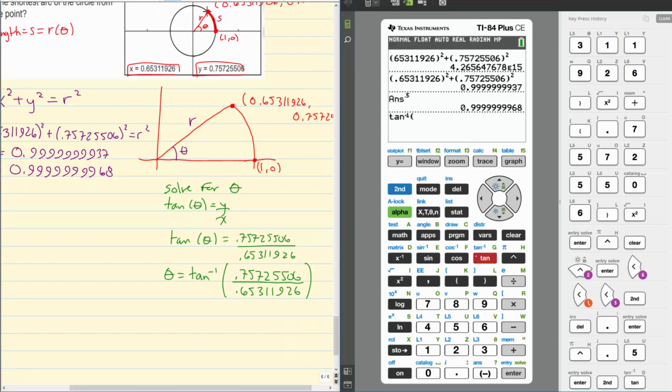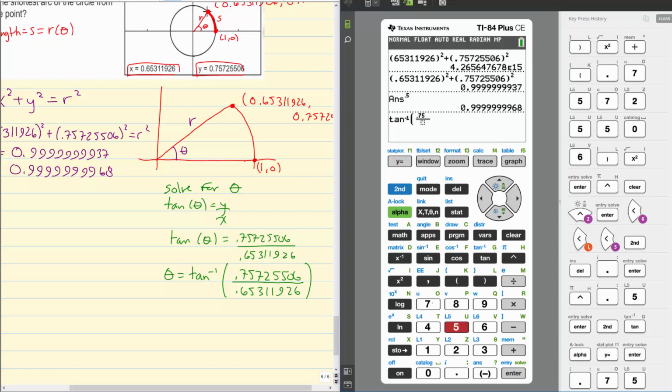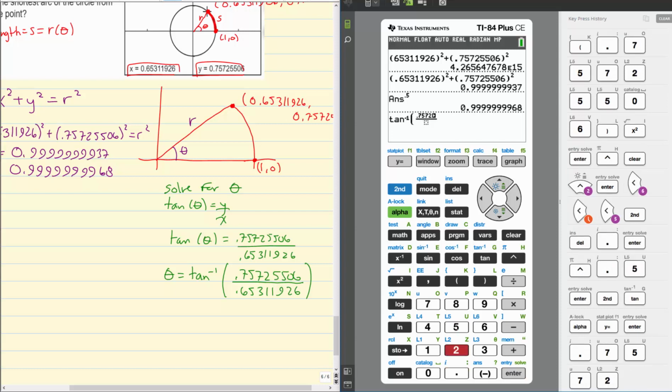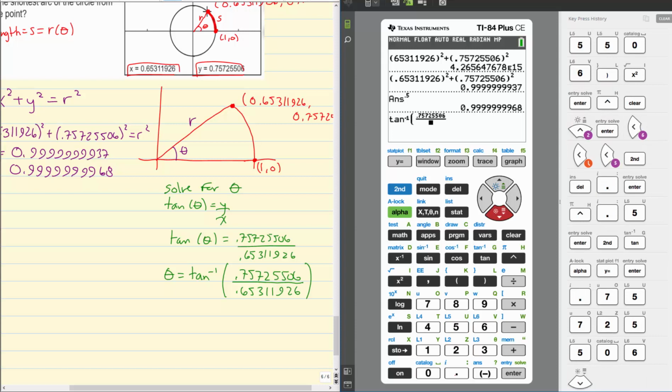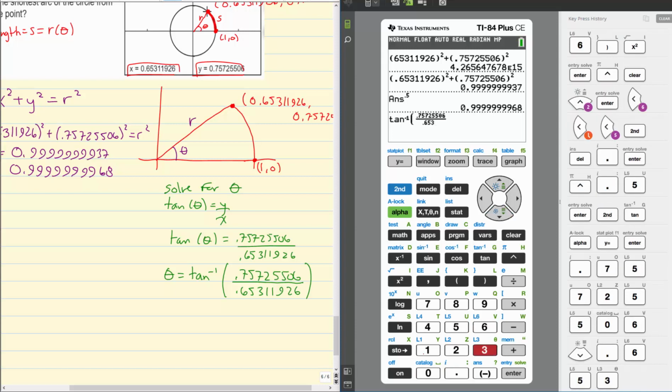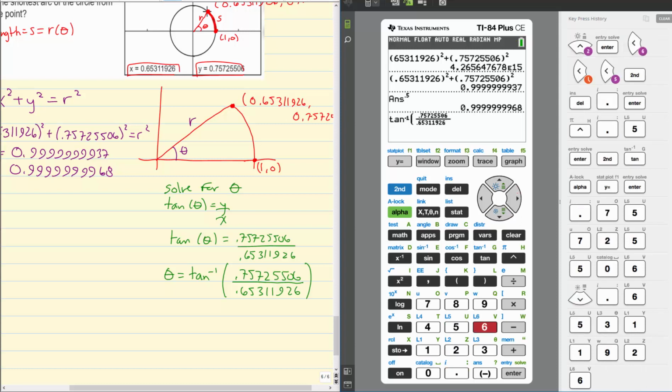So I'm going to go second inverse tangent. I'm going to have a fraction, so I want to use my fraction key to make sure I have the correct numerator and denominator positions. 0.757255506 for my value for y and my value for x, 0.65311926. Close parenthesis.